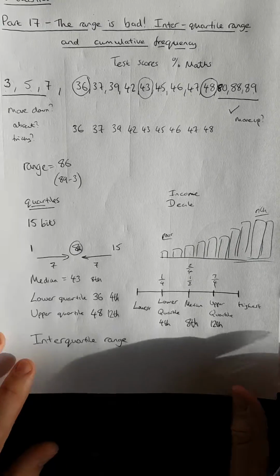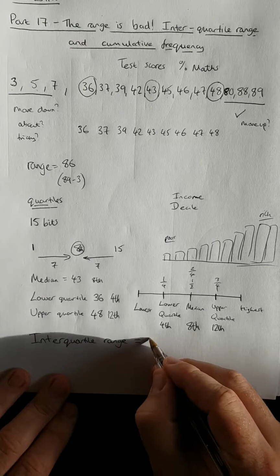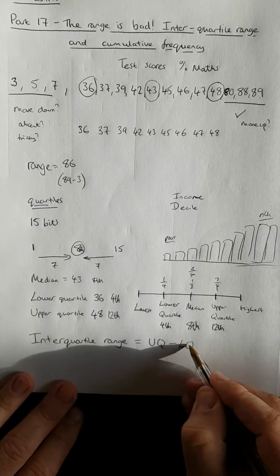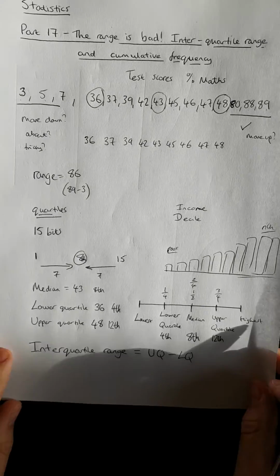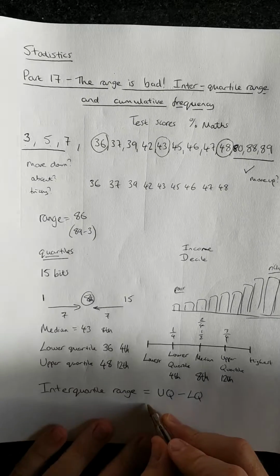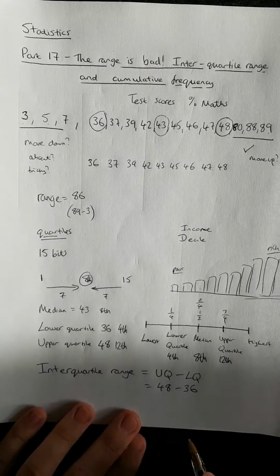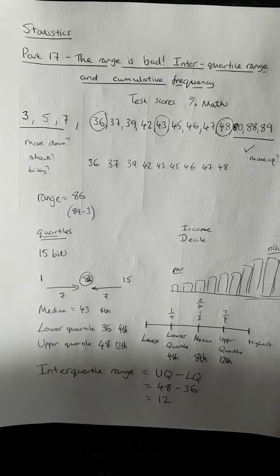So, this is the upper quartile subtract the lower quartile. What this is going to do is give us 48 subtract 36, which is 12.